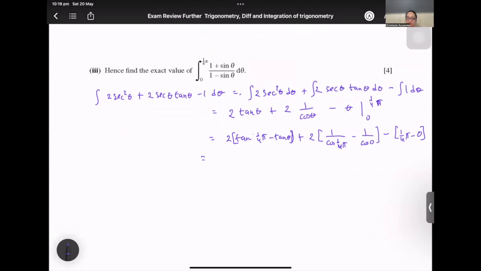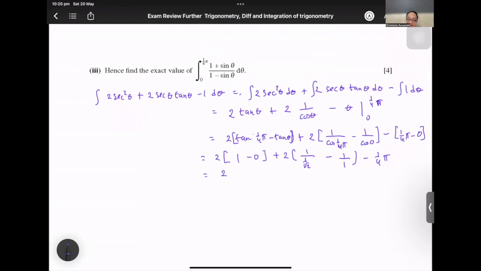What is tangent 1 over 4 pi? It is 1. 1 minus tan 0 is 0, plus 2 times, cos 1 over 4 pi is 1 over root 2, so this is 1 over square root 2, minus 1 over cos 0 is 1, minus 1 over 4 pi.